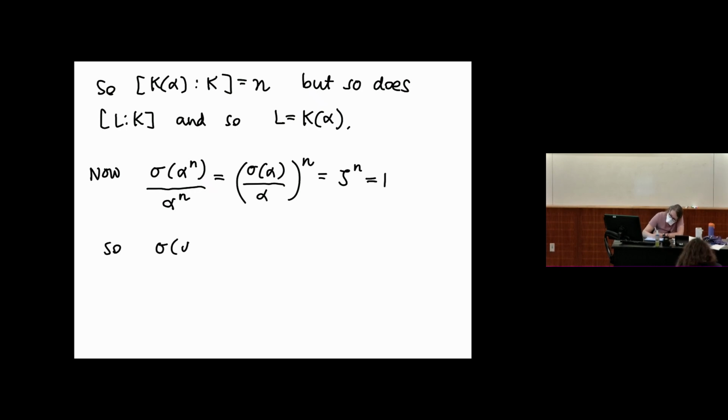So sigma of alpha to the n is alpha to the n, and alpha to the n belongs to K. Because sigma generates the whole Galois group, if alpha to the n is fixed by sigma, then it's fixed by the whole Galois group, and the fixed field of the Galois group is exactly K.